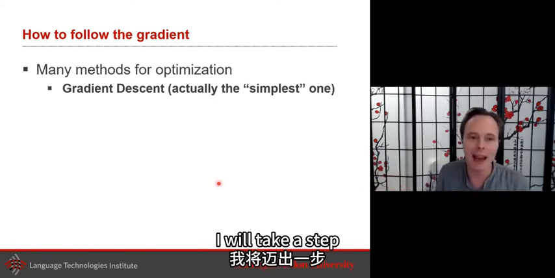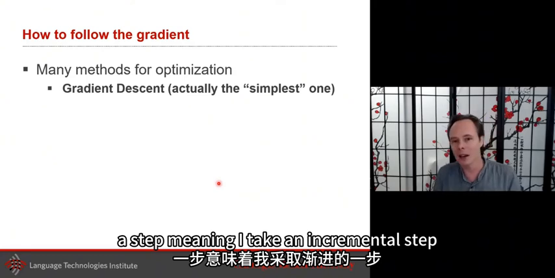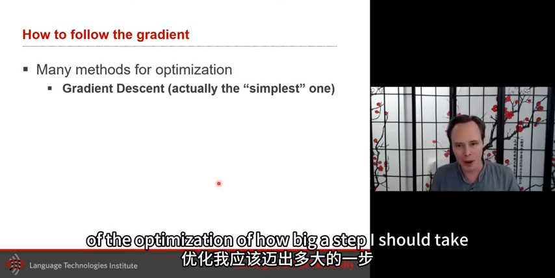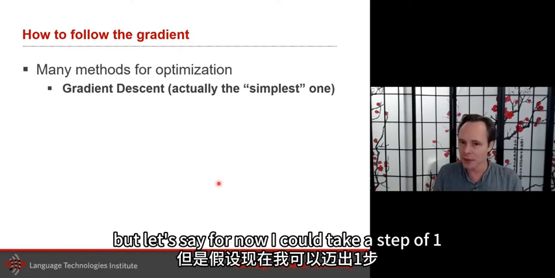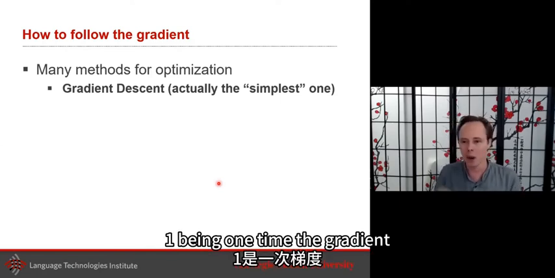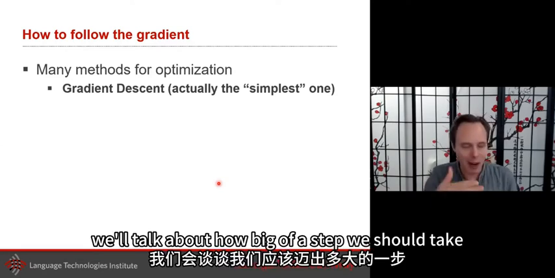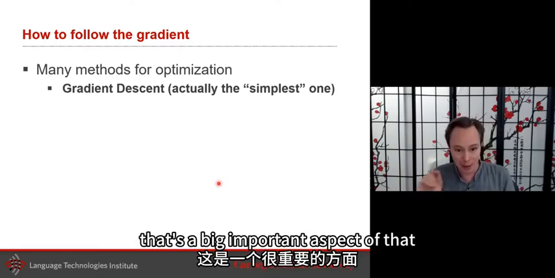I will take a step, meaning an incremental step, and that's in fact a hyperparameter of the optimization: how big a step I should take. But let's say for now I take a step of one, being 1 times the gradient, just for simplicity. We'll talk about how big of a step we should take. That's a very important aspect of this.